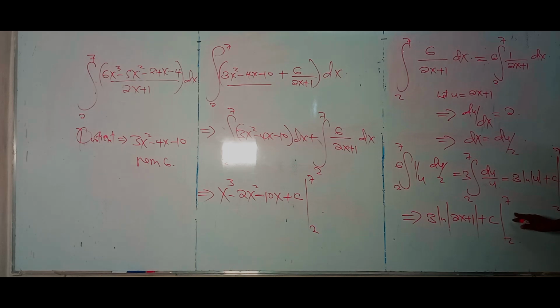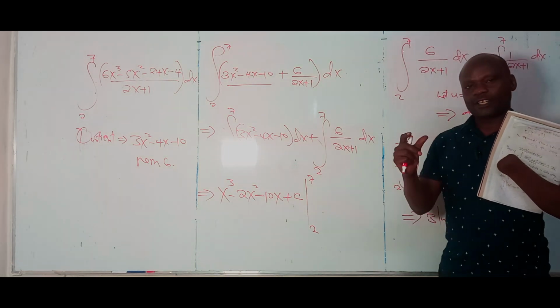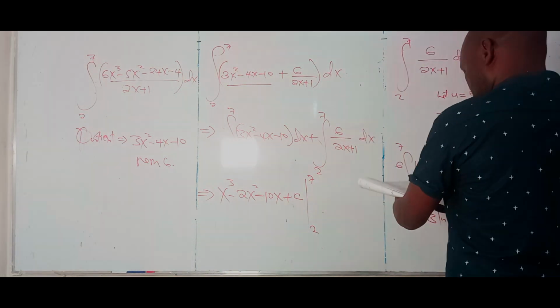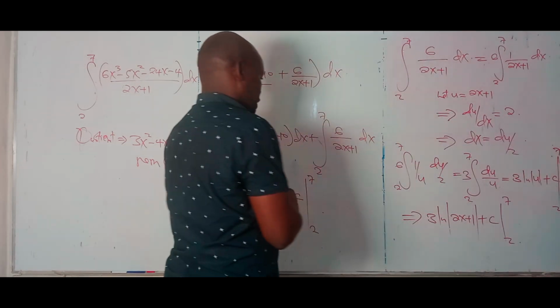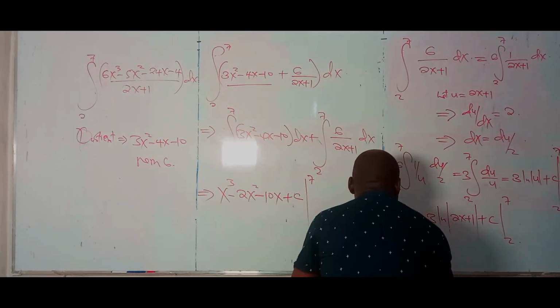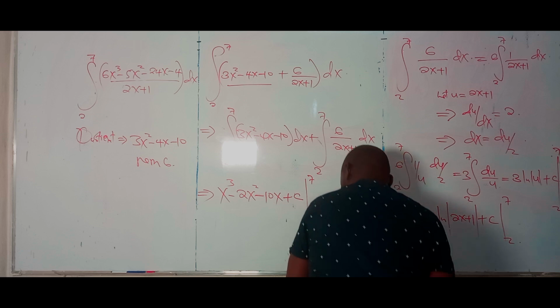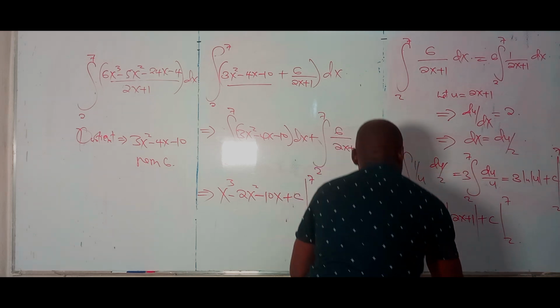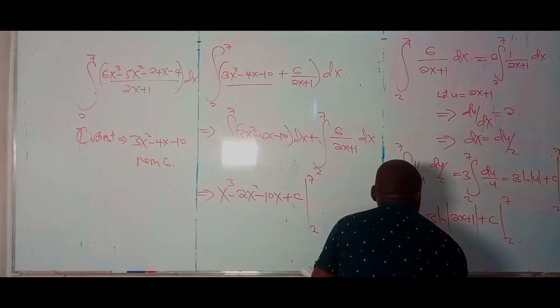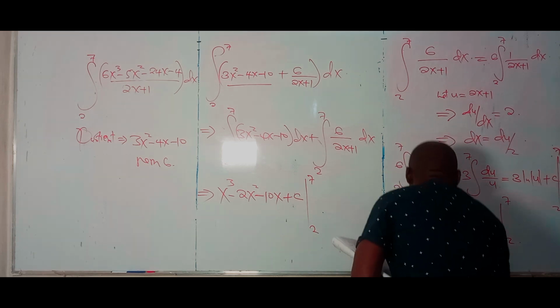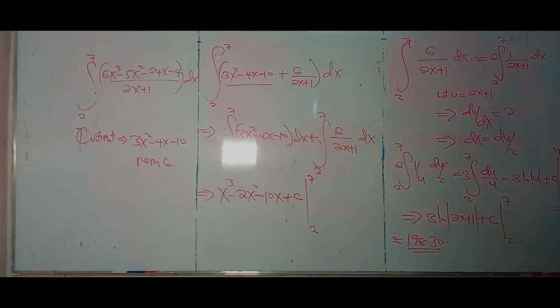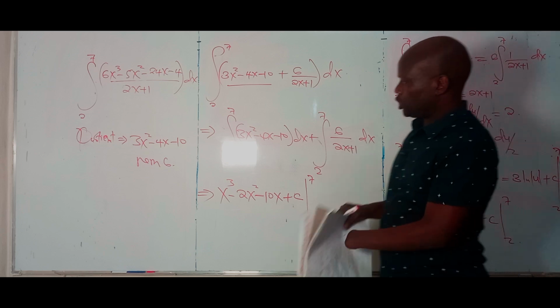The value you get here, add to this value. That will be the solution. And just confirm that what you get is approximately 198.30. That is the answer to that question.